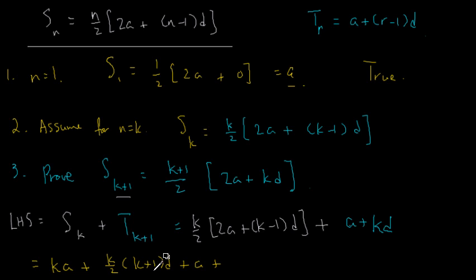Wait, that should be a plus kd, with the minus 1 from there, minus 1 d, plus that. Okay, a plus kd. So is this equal to this?